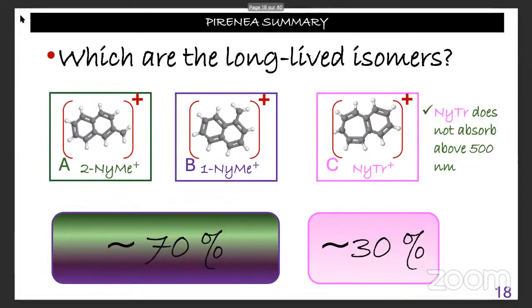We can finally put a face to our unknown isomers: A, 2-naphthylmethylium; B, 1-naphthylmethylium; and C, naphthyltropylium. We can also provide populations for these isomers: around 30% for naphthyltropylium, and the remaining 70% for both naphthylmethylium isomers.